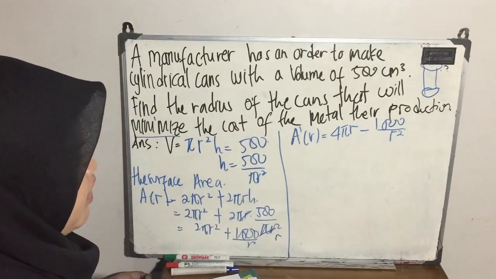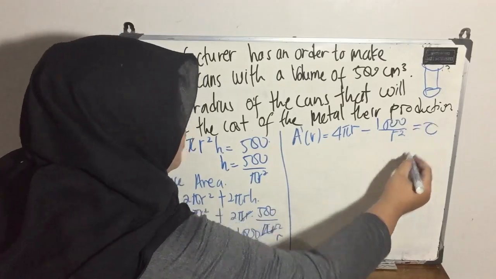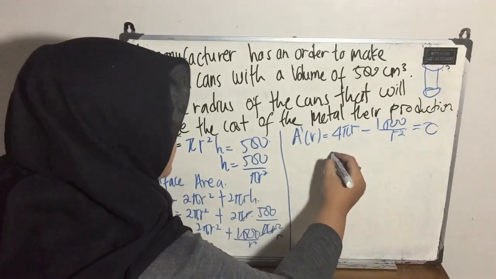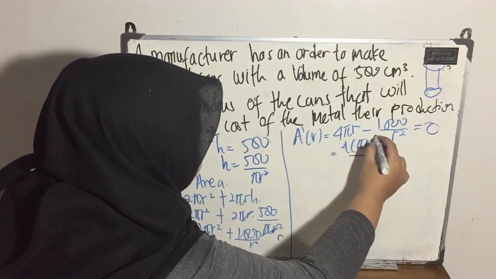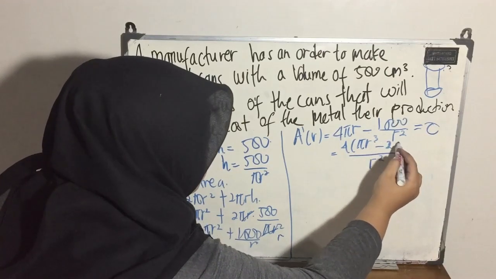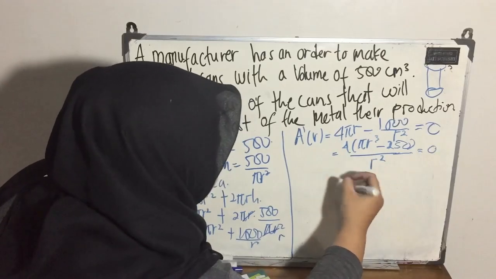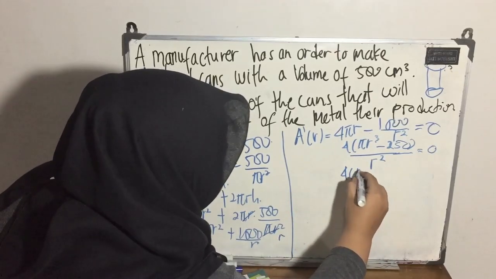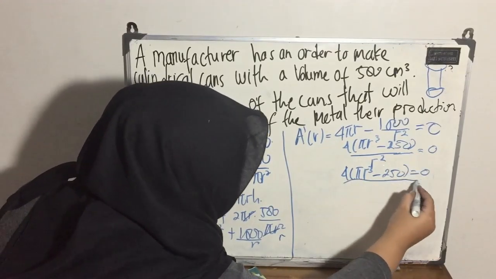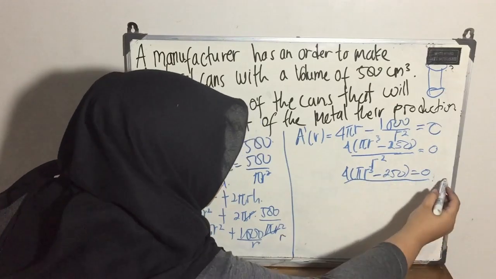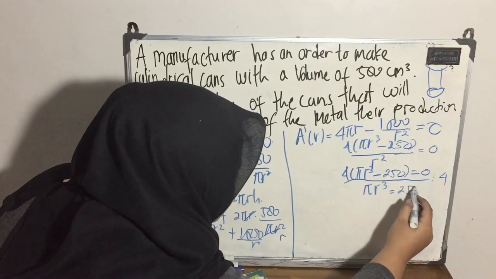Now, because we know this must be equal to 0, you can use the same denominator r²: 4πr³ minus 1000 equal to 0. Then divide the left side and the right side by 4, so the result will be πr³ is equal to 250.